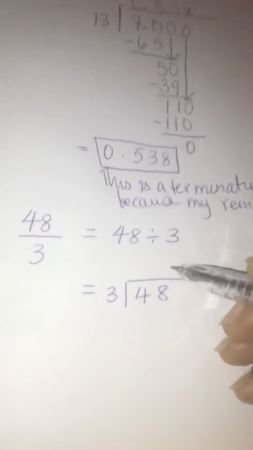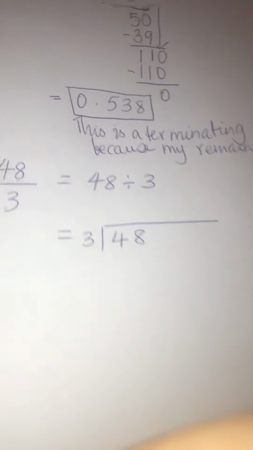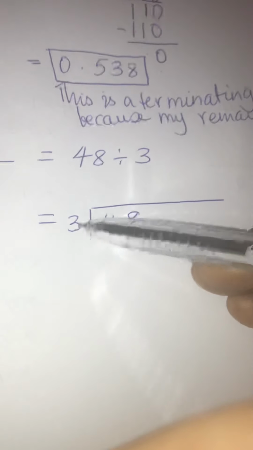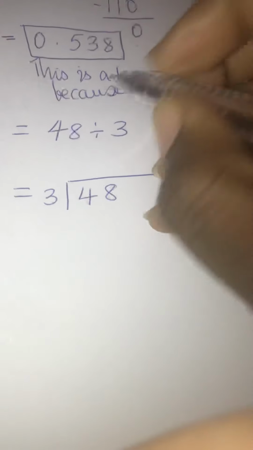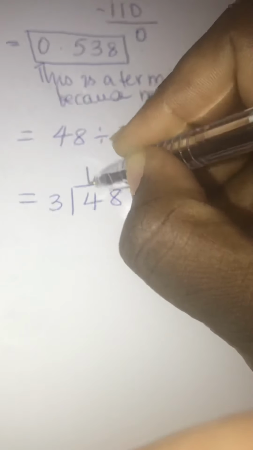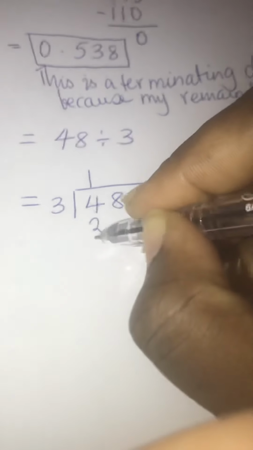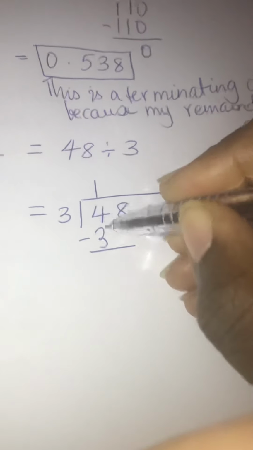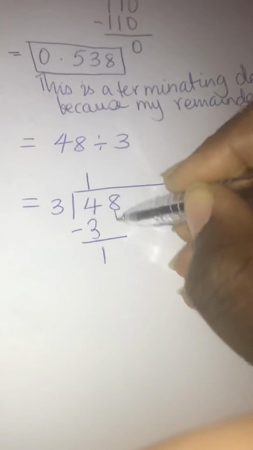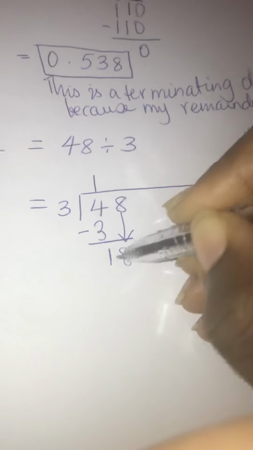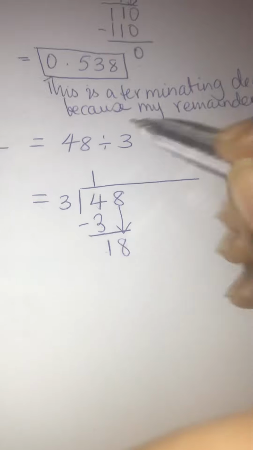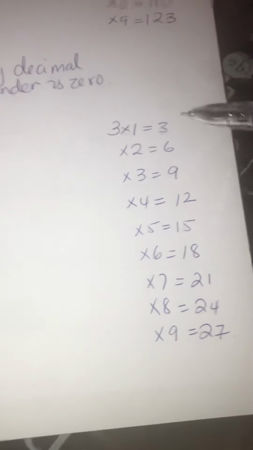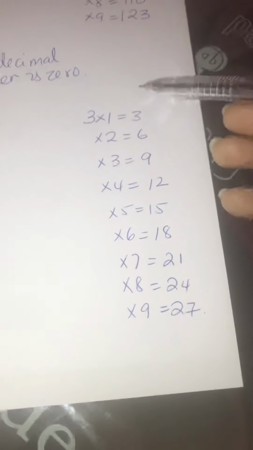Okay, now let's do this one. So this is 48. So I can say, can 3 go into 4? Yes. 3 can go into 4 one time. And I get 3. I subtract and I get 4 minus 3 is 1. I bring down the 8. Now it is 18. Can 3 go into 18? I check now in my times table.